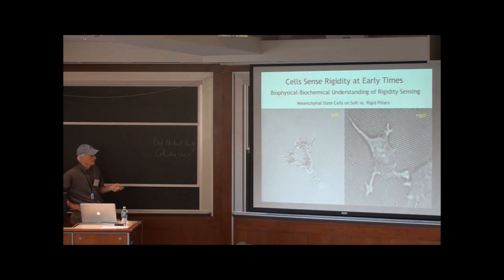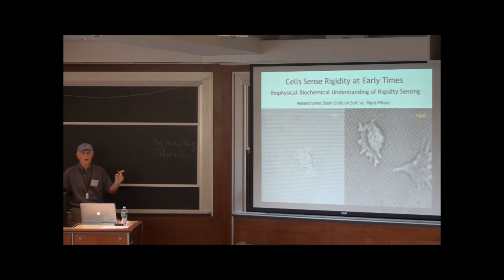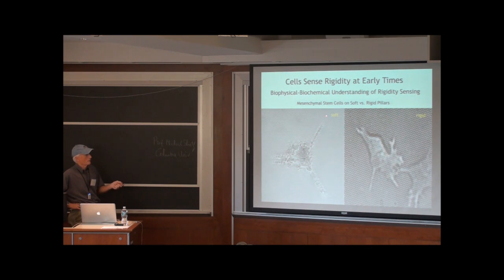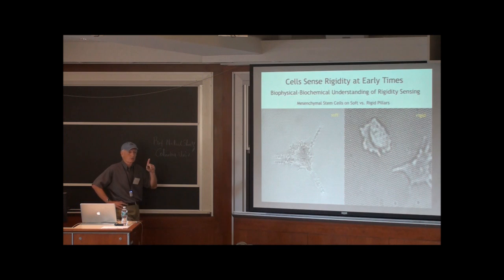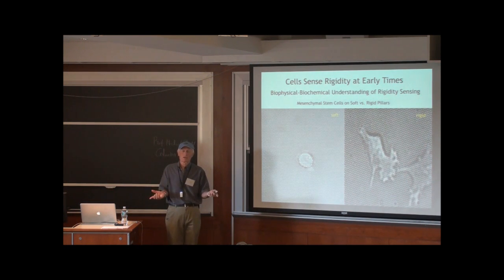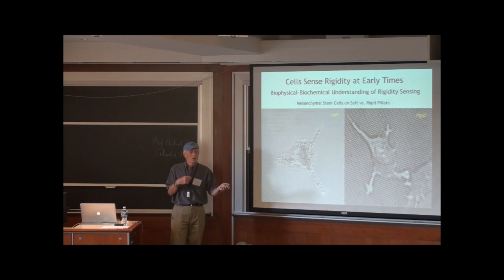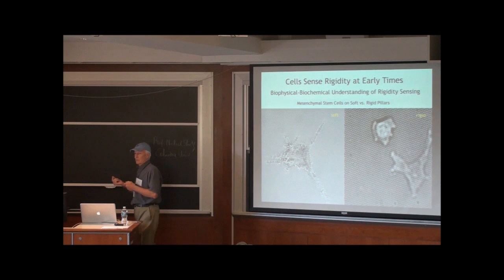And we see that when they spread on the soft, i.e. tall pillars versus the short pillars, same diameter, they become more dendritic here, more quote-unquote uniform spreading here, so that the process of rigidity sensing can occur very rapidly. It doesn't require the 4 hours or 4 days that were used in those previous studies.